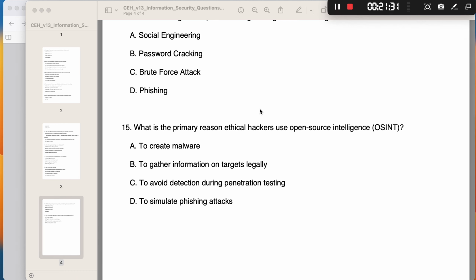And the correct answer is B, to gather information on targets legally. Now, open source intelligence is when you use many different tools to collect publicly available information to create a profile of your target. At that moment, you are not creating any malware, you are not touching anything technical, you're not probing any host, you're not performing any vulnerability assessment or anything.